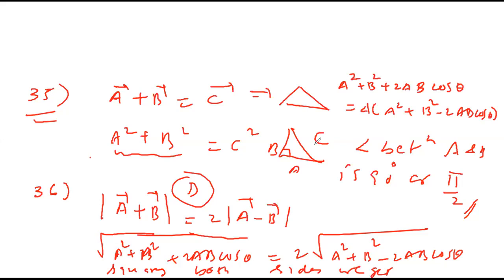See, nothing will get cancelled, because when you open this, it is 4A square plus 4B square minus 8AB cos theta. No arrangement you will get. So the answer will be D, data is insufficient. Had it been only equal, then you would get 90 degrees. Here we can't simplify, so data insufficient.